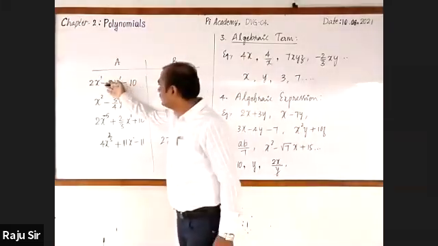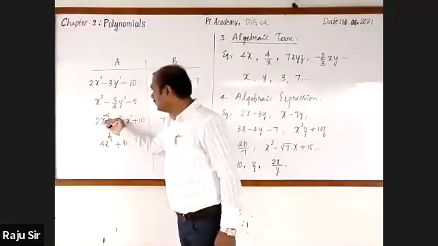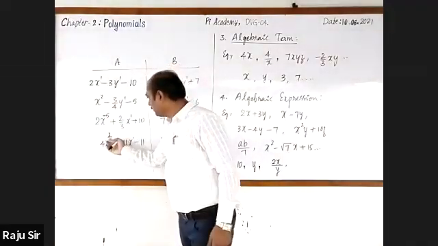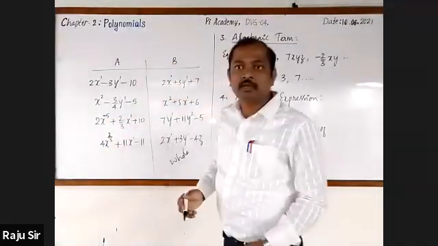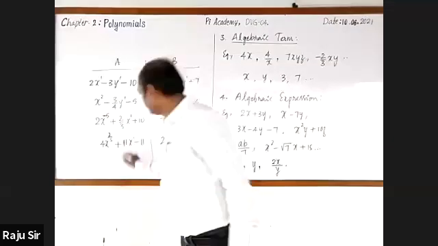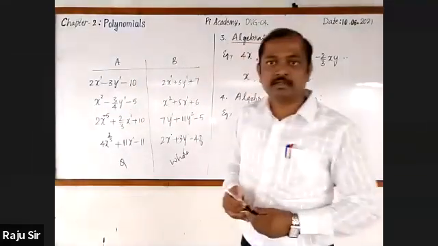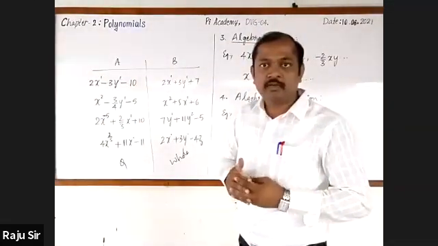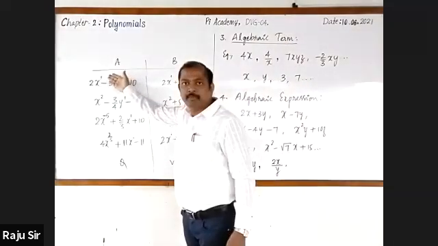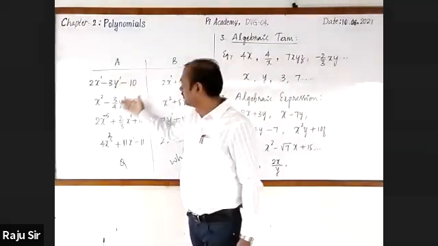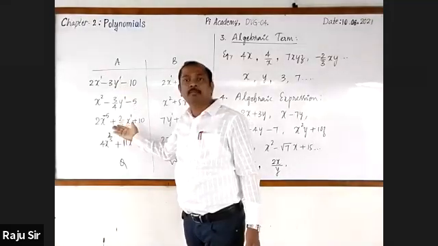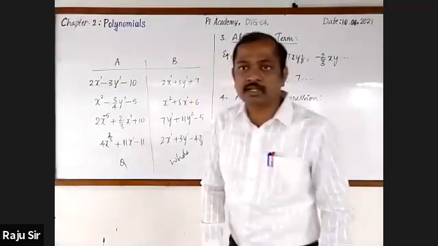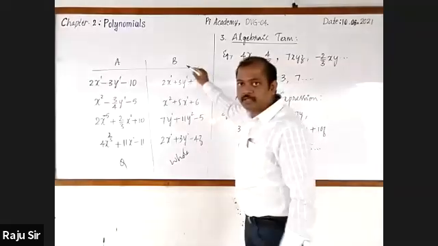Whereas in this case, we have power 1, power -5, then power 2 by 3. Here the powers are rationals. Got it? The powers may be natural numbers or whole numbers or integers or p by q form, that is rationals.